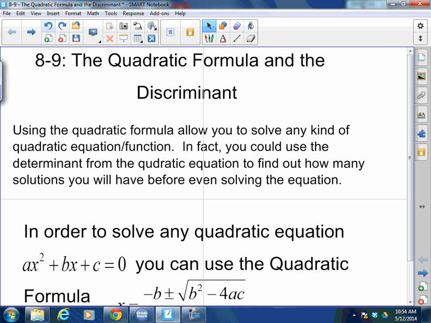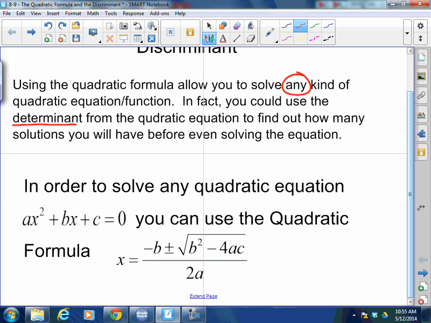You can solve any kind, and I mean any kind, of quadratic equation or function with the quadratic formula. In fact, you could use the discriminant, which we're going to talk about in a second. The discriminant is part of the quadratic formula. You could use it to find out how many solutions you're going to have before you even start solving. So it's a very powerful formula.